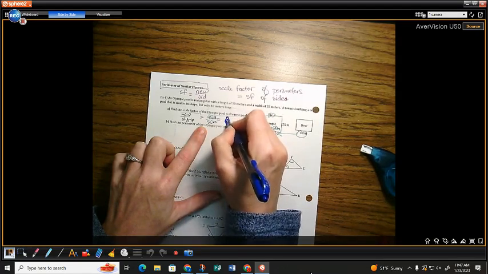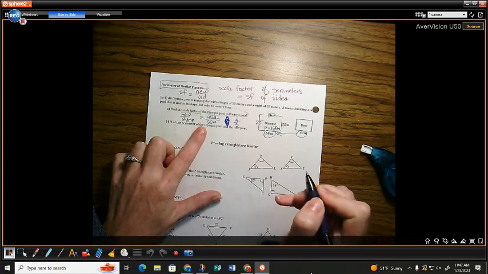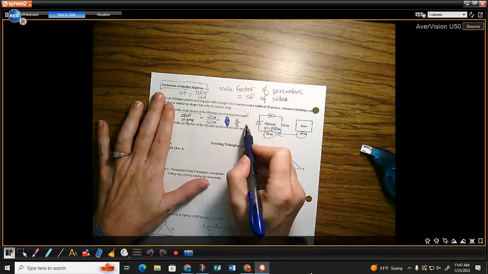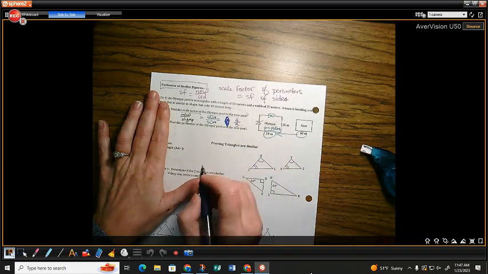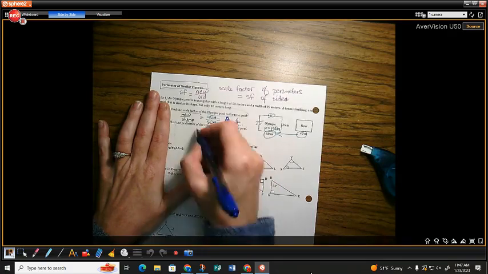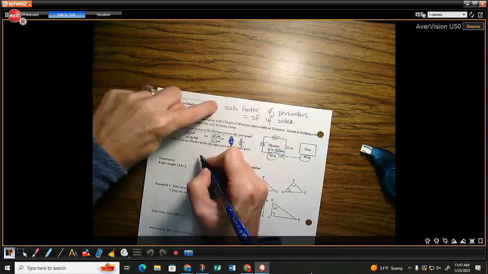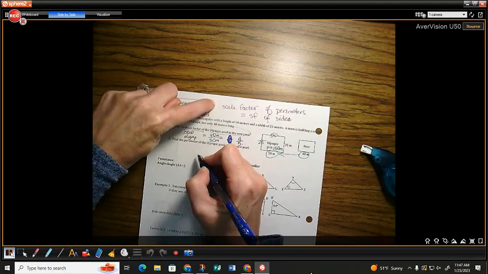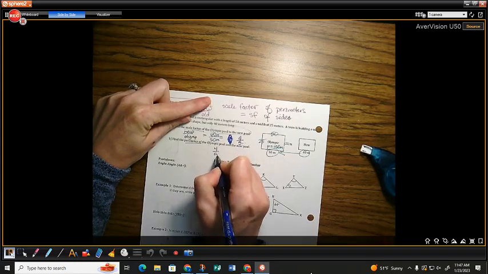See, I did it again. 4/5. Because remember, scale factor is your simplified ratio. So here's the scale factor of the sides. Well, what should be my scale factor of the perimeters? The scale factor should be the same thing. So my scale of my perimeters should also be 4 to 5.